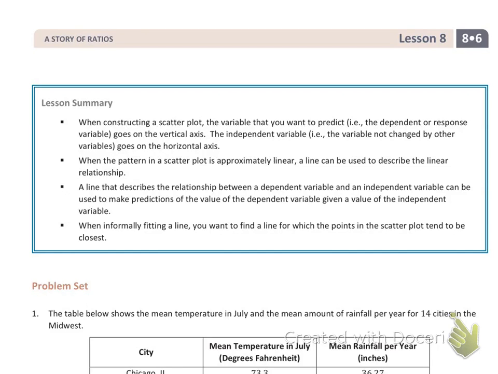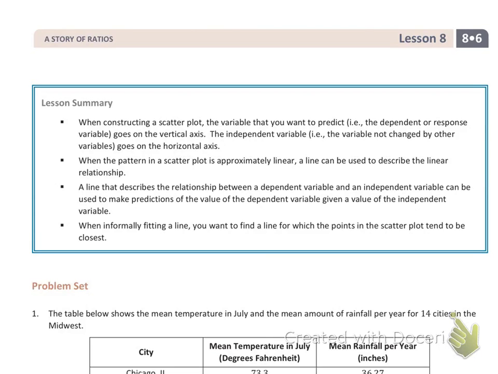Another way to say independent variable is, in an experiment, it would be the thing you choose, like type of fertilizer or time or something like that. So you'll be exposed more and more to this idea of dependent and independent variables as you go along.